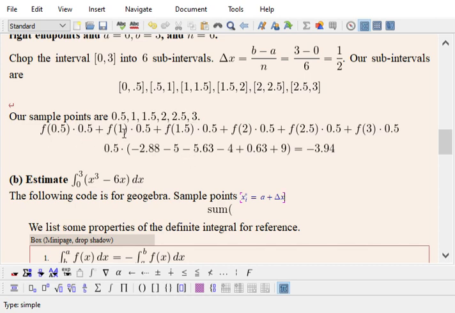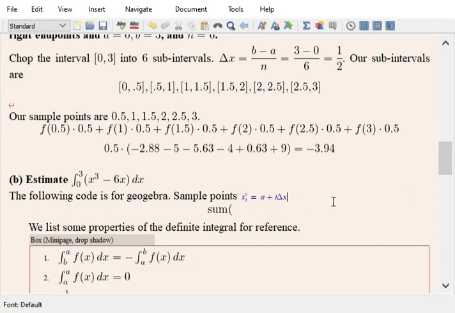Our next sample point was 1, what we got after adding yet another delta x, and then another, and another. So our sample points are given by a plus some number of delta x's. How many? i of them, right? The first sample point is a plus 1 delta x, the second is a plus 2 delta x's, and so on, all the way.